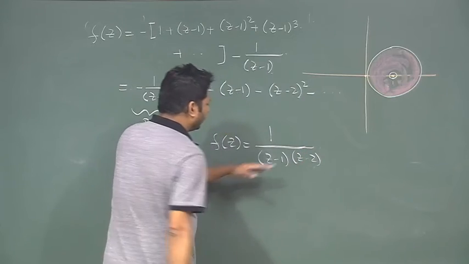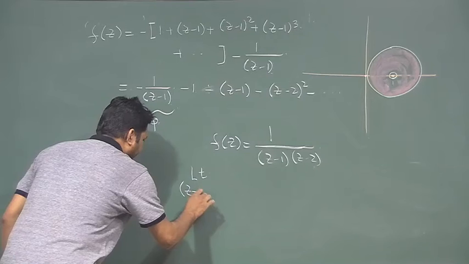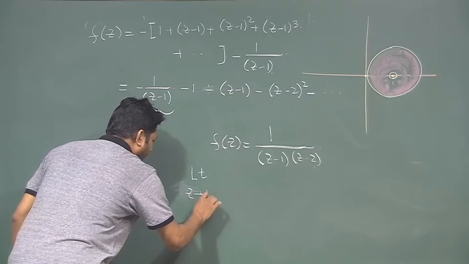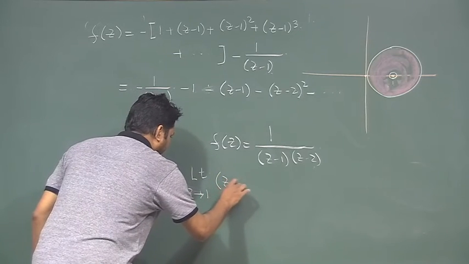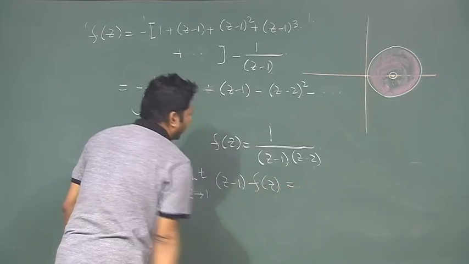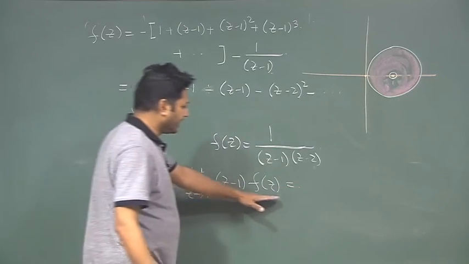So it should have two poles, but if I take the limit as z tends to 1 of z minus 1 multiplied by the function of z, I will have a quantity which is not equal to 0, a finite limit.